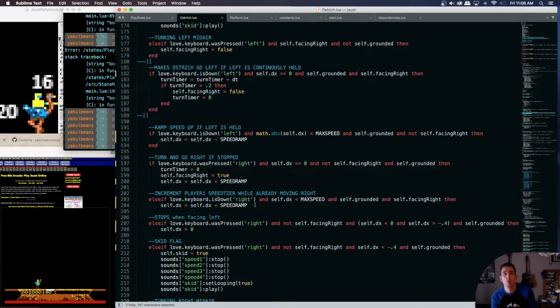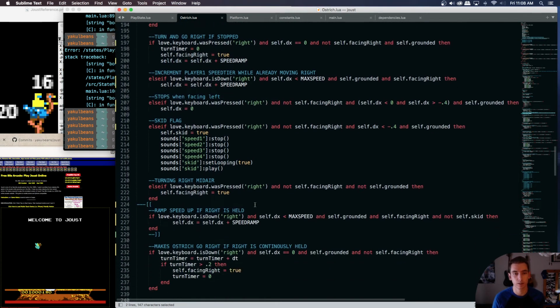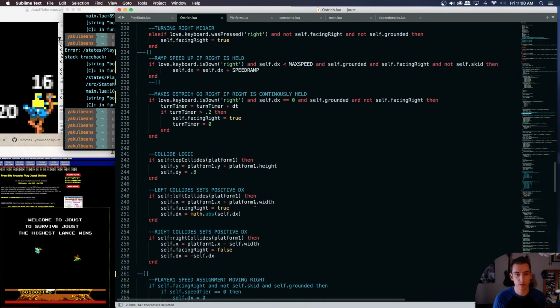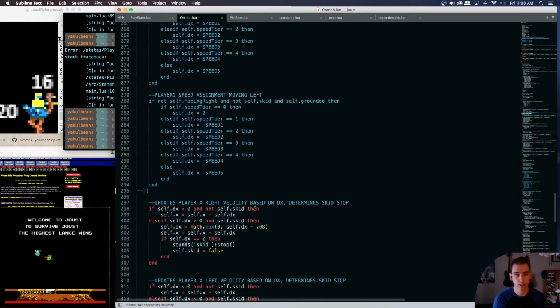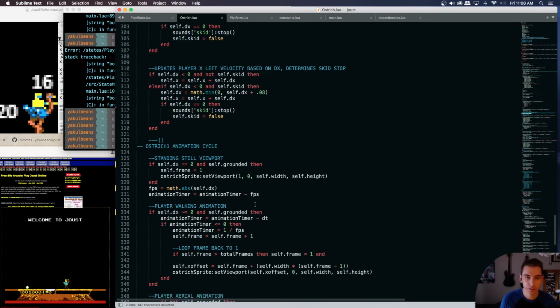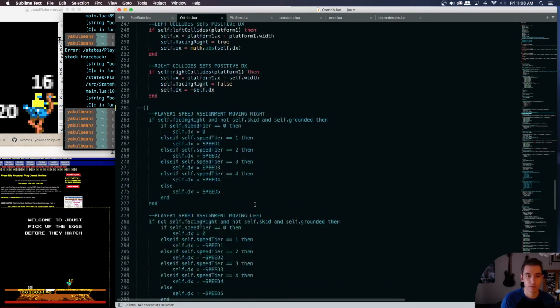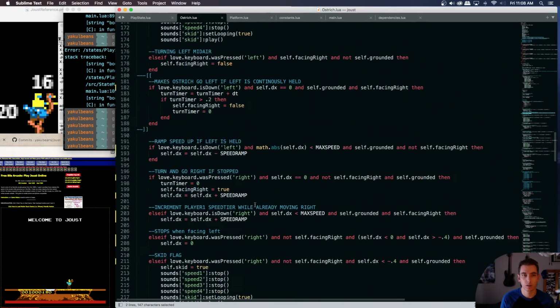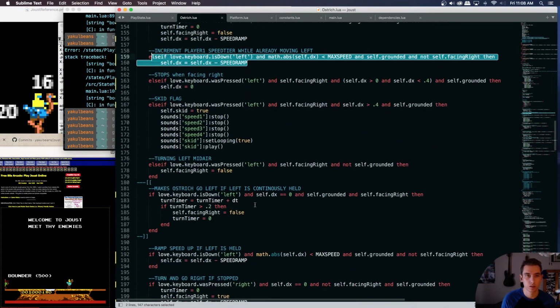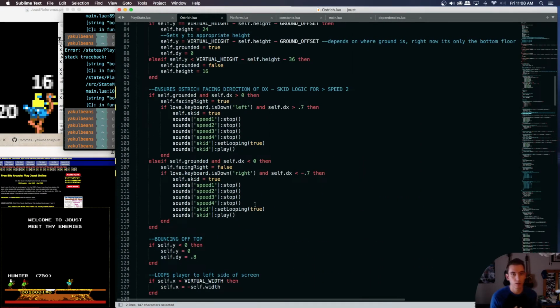Well, I think it's even more complicated than that because skidding is getting set to true. So that means the skid flag, where does skid get set to true?